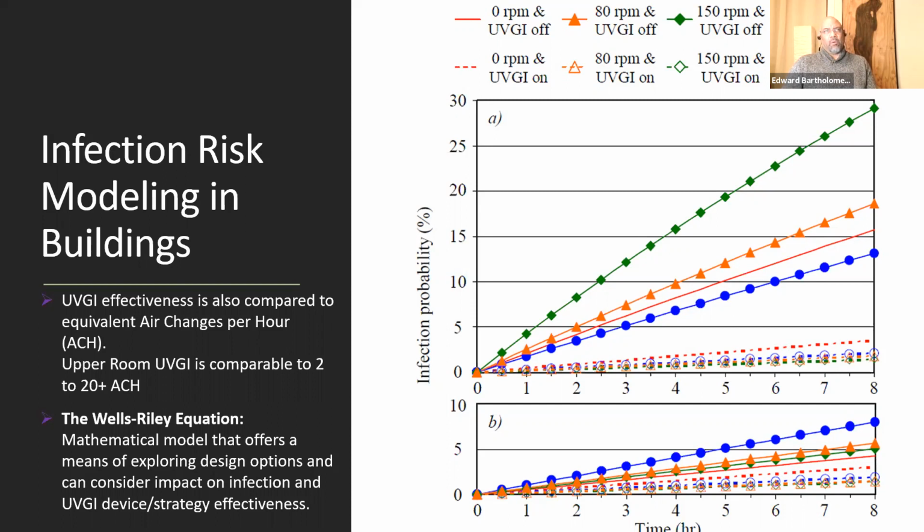So if you apply UVGI, especially in upper room, you can actually have the equivalent increase in air exchanges be up to 10 to 20 air exchanges within that space. So in many ways, it's making that air healthier in those spaces by utilizing, I think, a low energy solution.